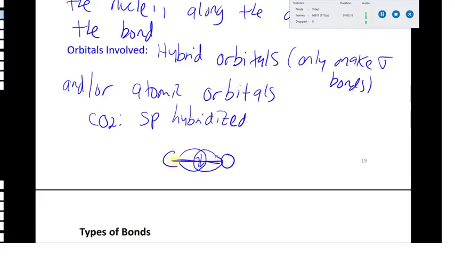So in this carbon-oxygen bond, that's the direction of the bond, the vector between carbon and oxygen, and the shared electron density is right in between those two for a sigma bond. Okay? And then we'd have one in the other direction as well, obviously, for making CO2, which is, again, another sigma bond. So you have one sigma bond going in each direction.